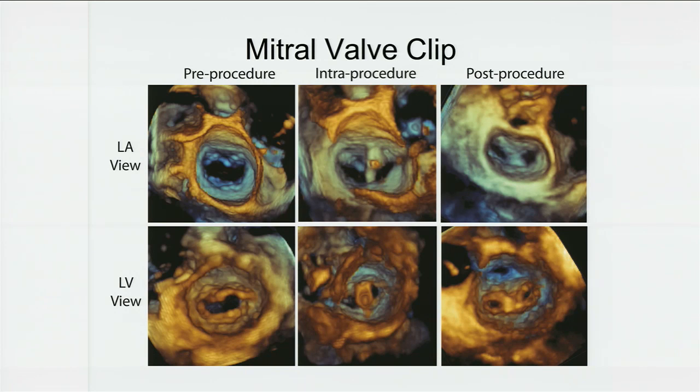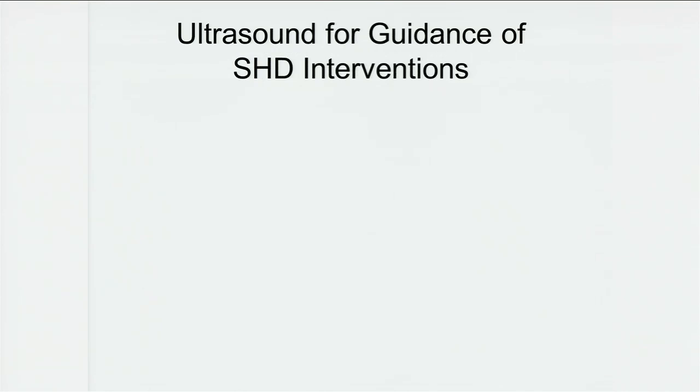But with 3D data sets now, you can turn that around, as shown here. You can have the typical left atrial view from a transesophageal probe, but you also can turn around the data set and look from the left ventricular side, allowing us to really understand these various steps and facilitate these tasks that have to be performed in putting in a mitral clip for the treatment of severe mitral regurgitation.